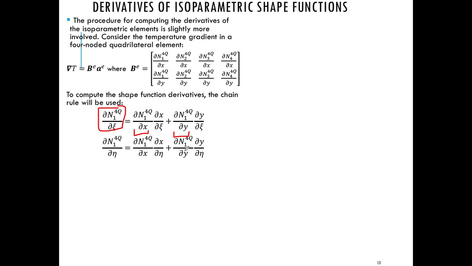Similarly here, plus added on del n1 by del y multiplied by del y with respect to del eta. So this is the key part here. We are using our chain rule to represent things that we know in terms of things that we want to find. Nice. Okay, so now let me write this down in matrix form.